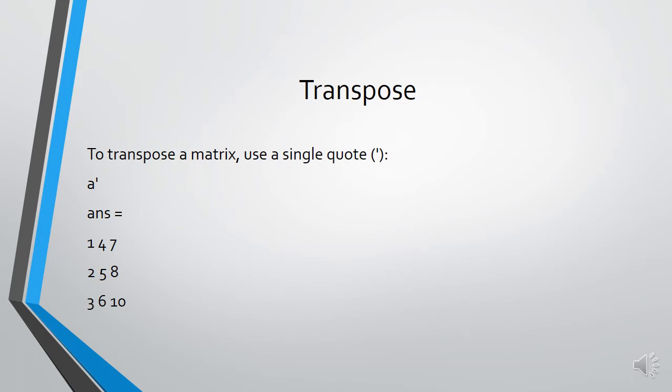Matrix operations, like the transpose of a matrix, are done more like the way we used to write them down in pen, where for a transpose we just use a single quote. MATLAB knows how to compile that and interpret it as a transpose of a matrix.